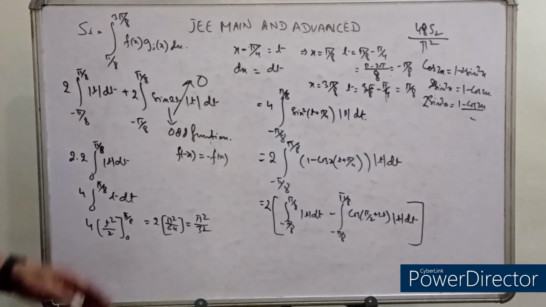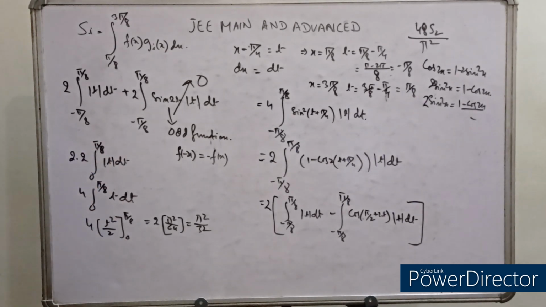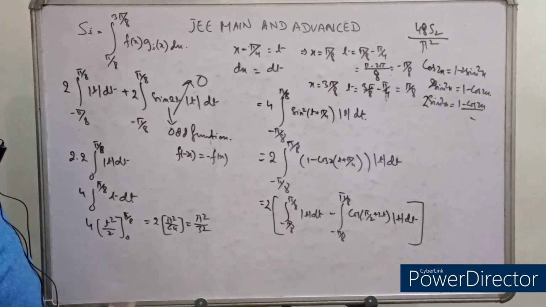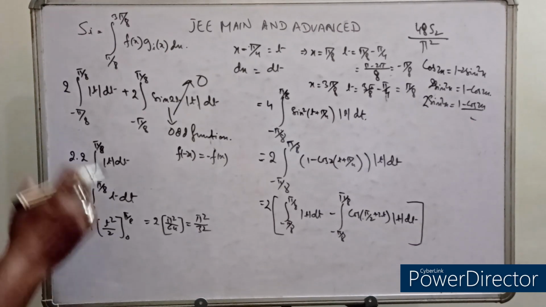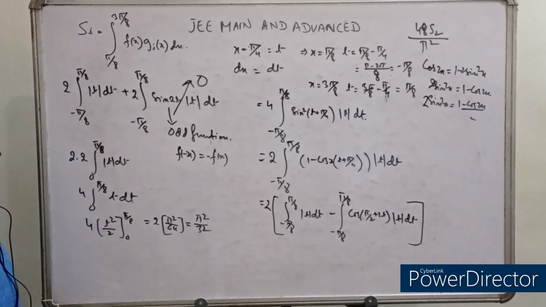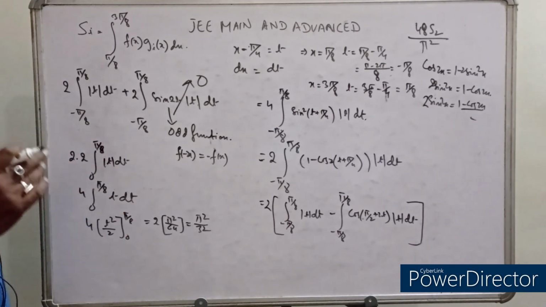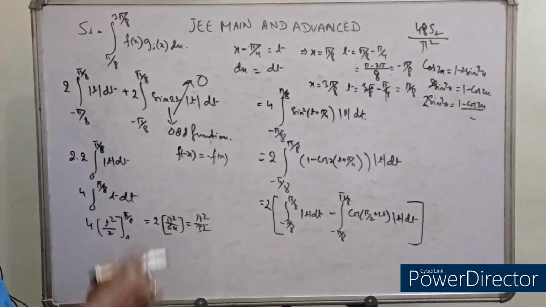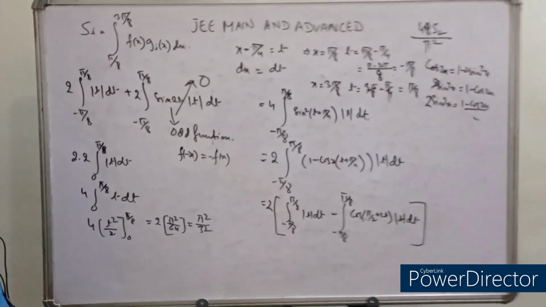So this is the presence of mind we have to apply. How to solve it? Here I have applied the definite integration property. But earlier, the picture of this question did not tell us that it was a question of definite integration.